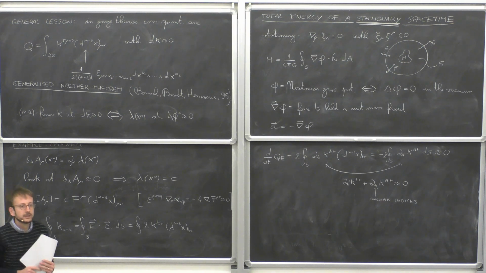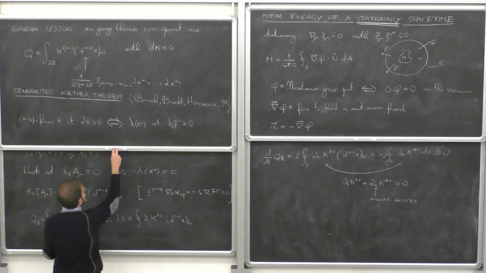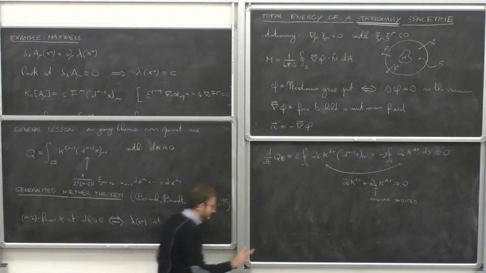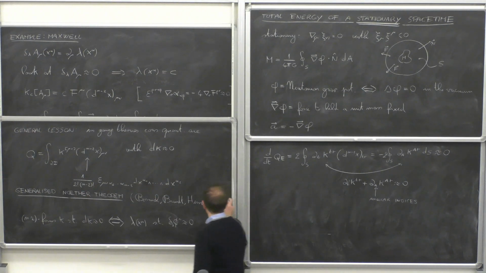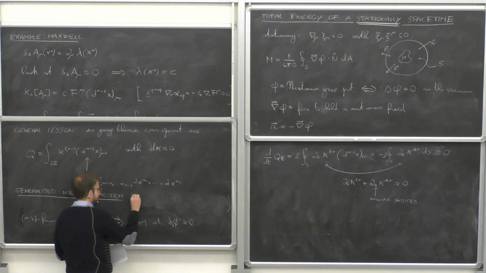Please. Ah, okay, this is my handwriting, sorry. It's Barnich. Let me try this way. Maybe if I write like this, it's clearer.